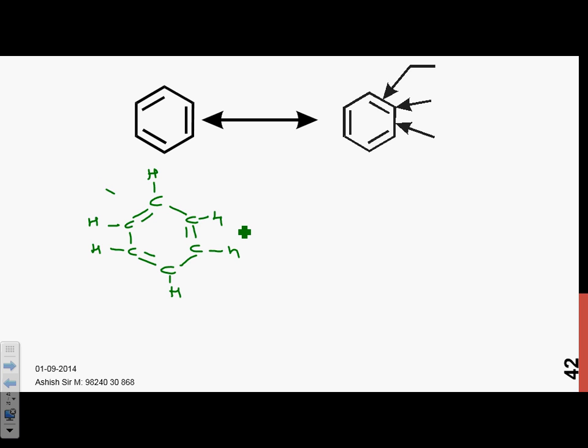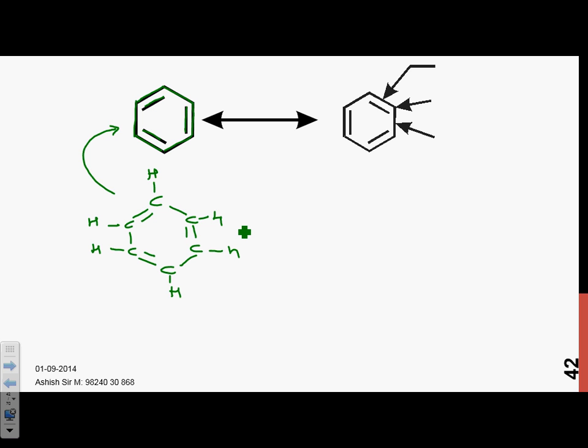This structure is normally represented in a symbolic form. Instead of writing carbon and hydrogen, they just draw a hexagon. Each vertex represents a carbon, and double bonds are denoted by double lines. Hydrogens are not required to be shown; if none are shown, it means hydrogens are there.